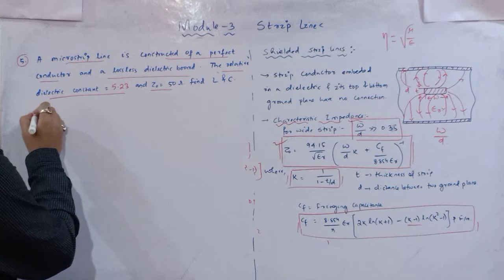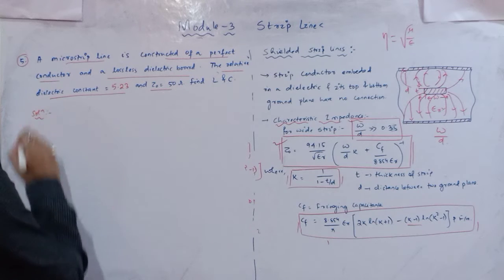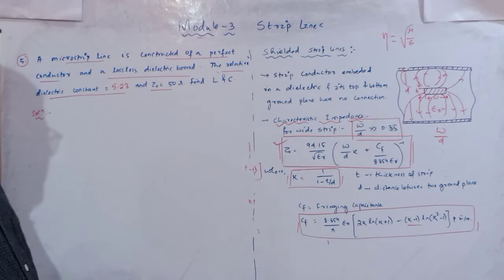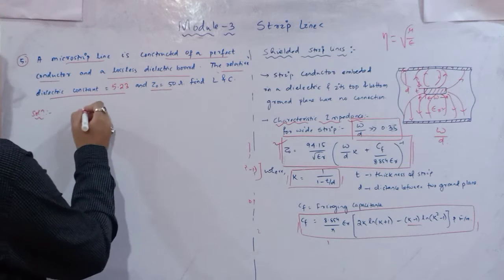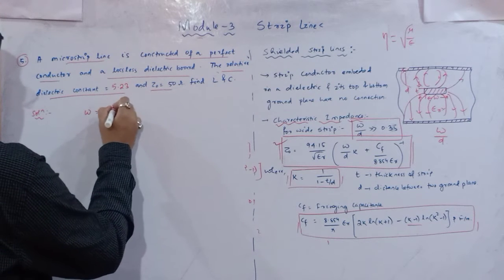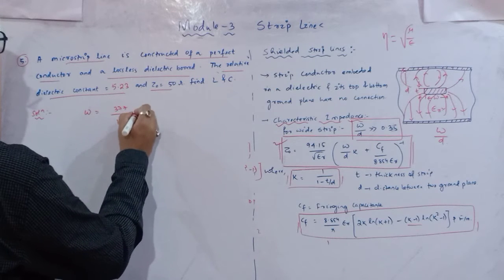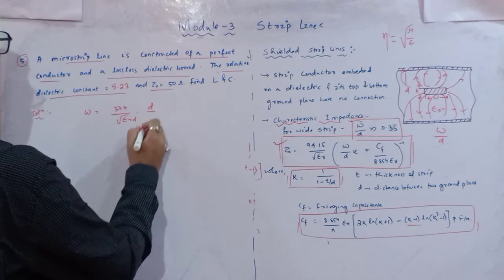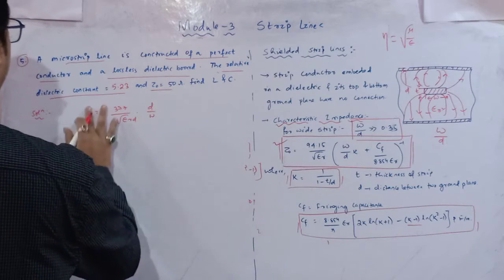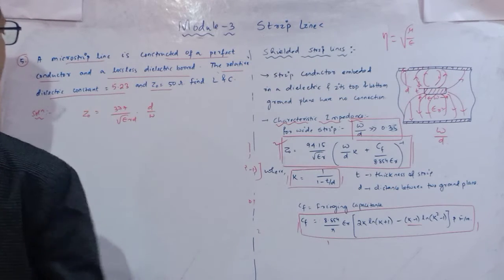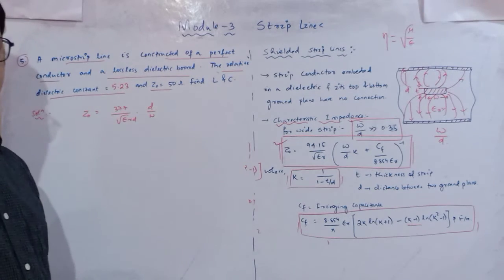Now for this, how to proceed? We have the relation: the characteristic impedance is 377 divided by root epsilon r into D by W. This is the relation for this particular question.